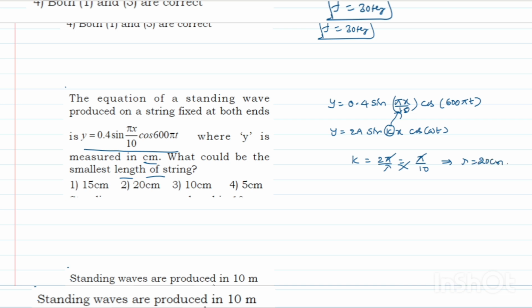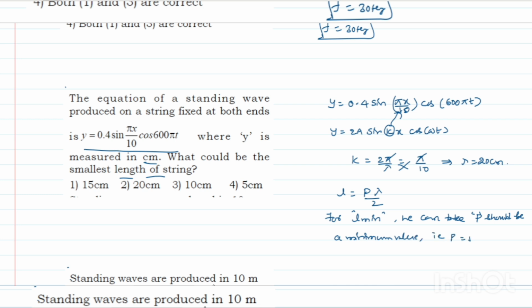So to calculate the smallest length of the string, the given length of the string L equals the number of loops we can produce, in the sense p into lambda by 2. For the smallest length, L minimum, p should be a minimum value, that is p equal to 1, students.